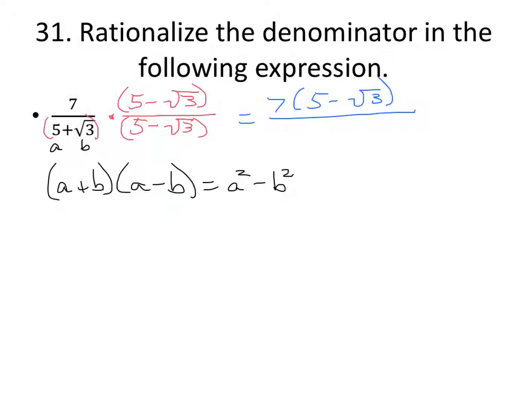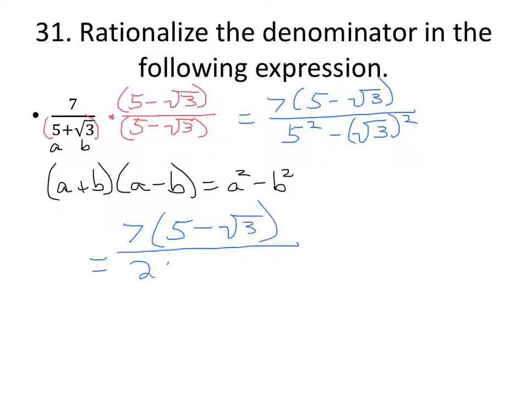So that would be 5 squared minus square root of 3 squared. So we're going to keep our numerator as it is right now, 7 times 5 minus square root of 3, and simplify our denominator, 25 minus 3, because the square root of 3 squared, square root and square are opposites, so you end up with the radicand.